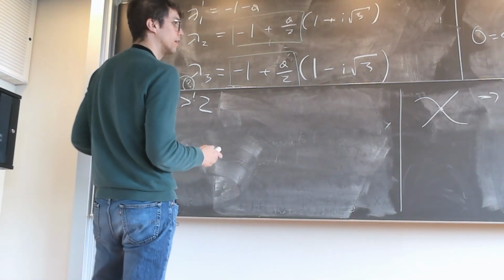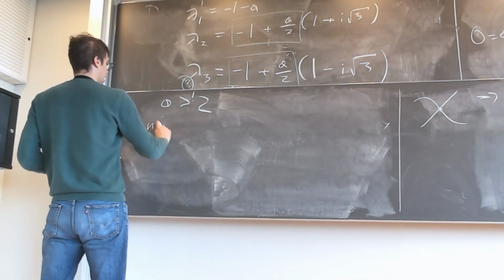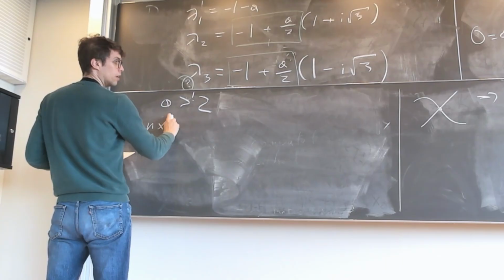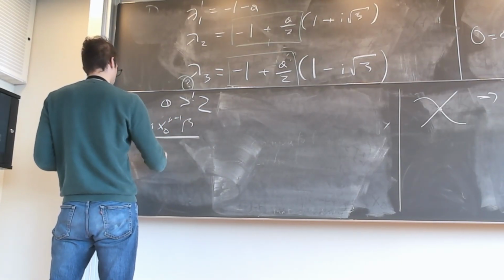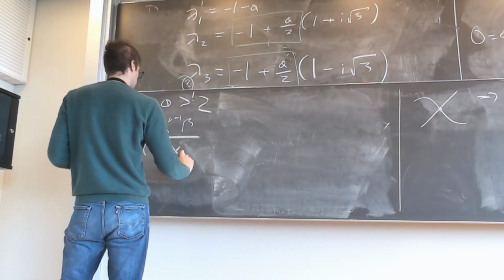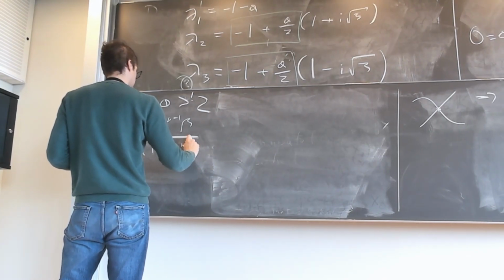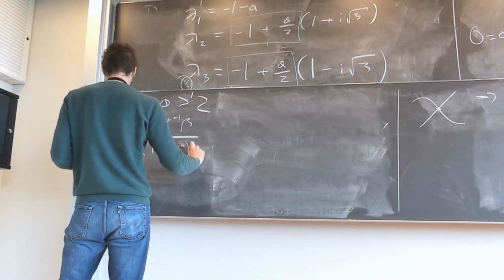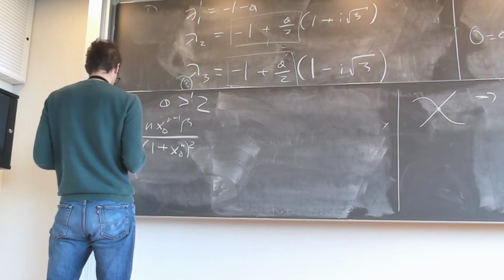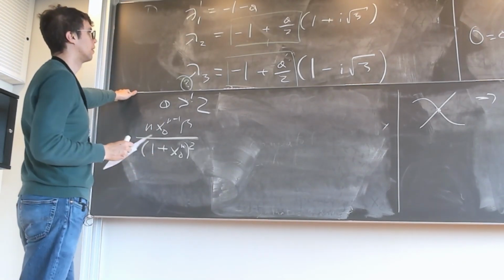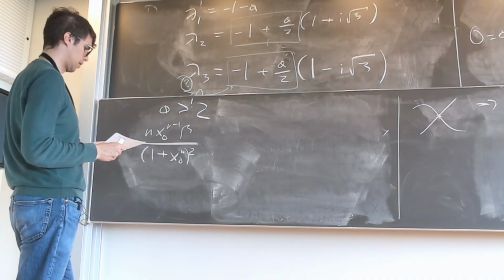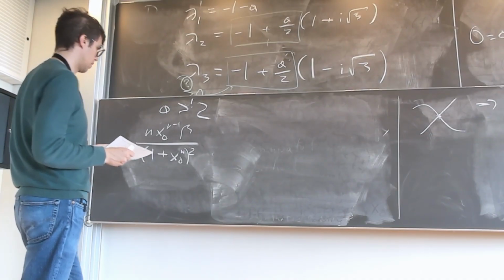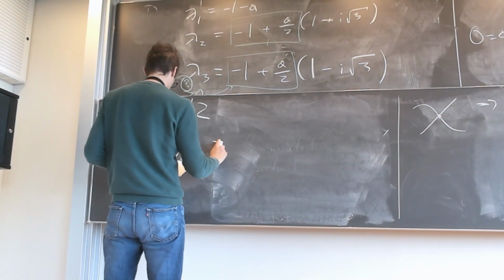It means that n x0 to the n minus 1 beta divided by 1 plus x0 to the n squared is bigger than 2.